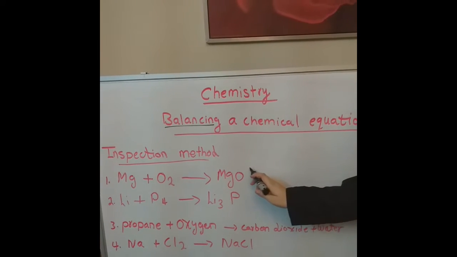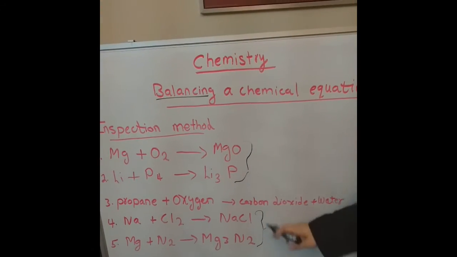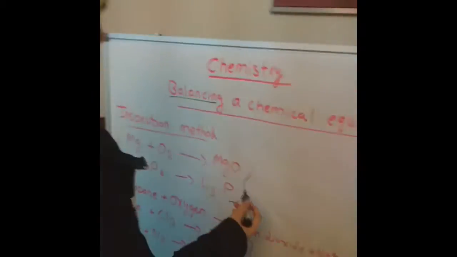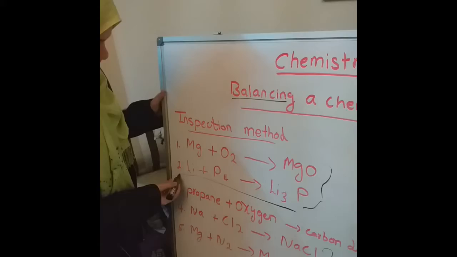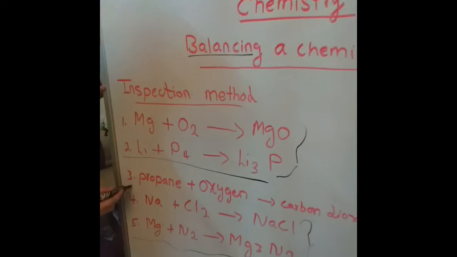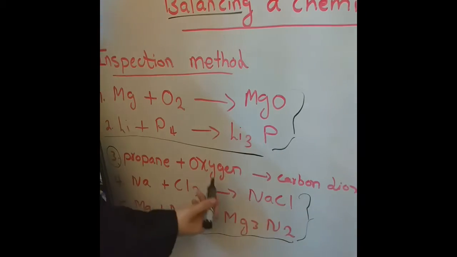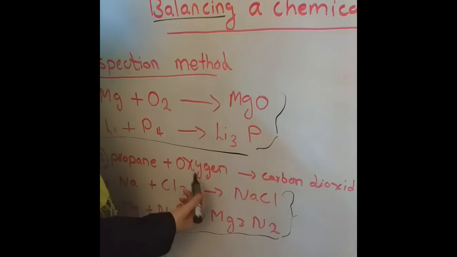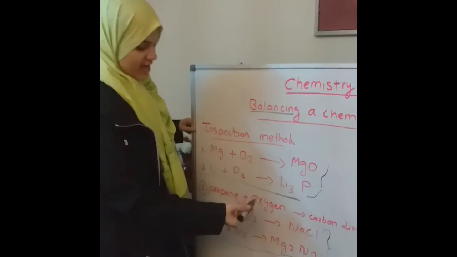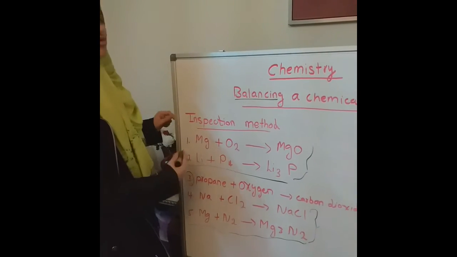The first two and also the last two questions are easy to solve because they are written with symbols. Can you see? But question number 3 is written as a word equation. That means we will change it to a chemical equation to solve it. But first we will solve 1 and 2, then we will solve the others.